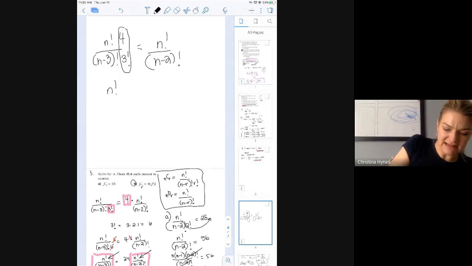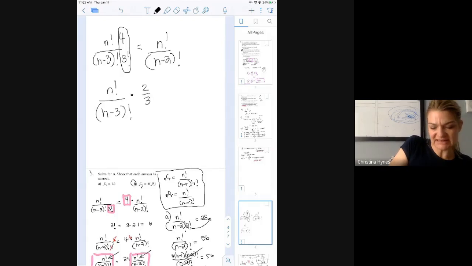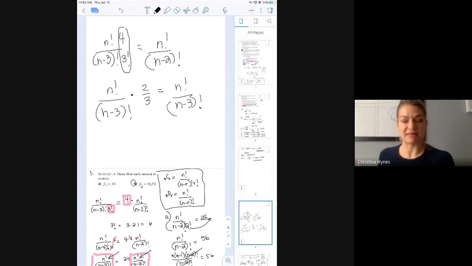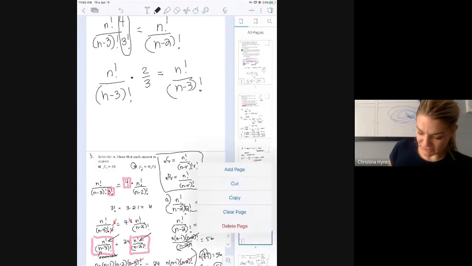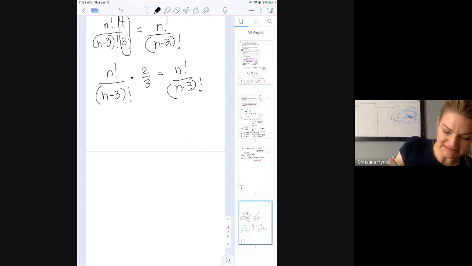So you would just write n factorial over n minus 3 factorial, and what I usually do is just stick it there. So I'm going to stick it as 2 over 3, n factorial over n minus 3 factorial, and then work with that. This is an interesting case.